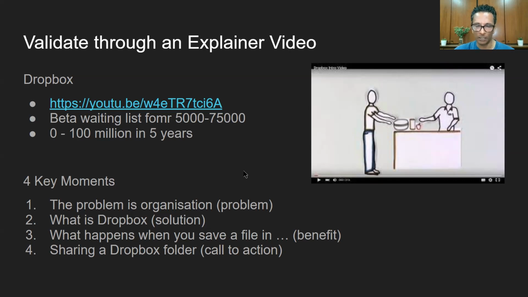Within 2 minutes, this company has explained the problem of the customer from the customer's viewpoint, which is the benefit. The solution, Dropbox being the solution, your product is a solution. What happens when they use the product? So let's say coaching is your product, anxiety is your problem. My coaching solution is the solution. This is what happens when you use my solution. And this is what I think you should do next. Click here.